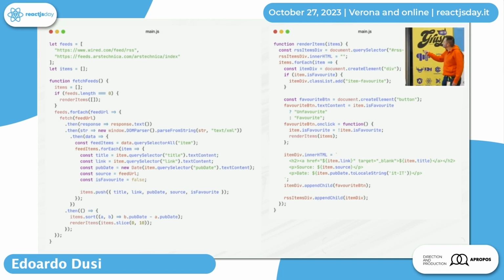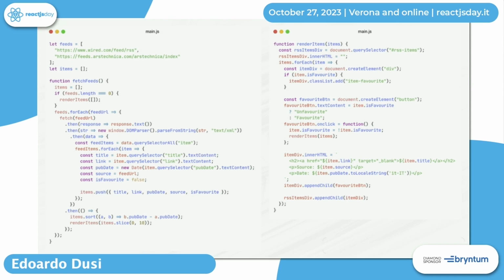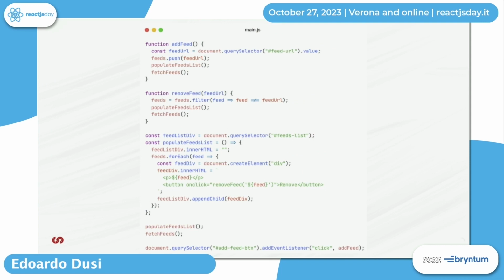It's just creating new DOM elements, adding things and appending elements to the document. I can also create other elements, okay? And in the end, I can append this child to the doc. So I can also add the new feeds, creating a function for add feeds. I can remove feeds. This is the function to populate the feeds list, just appending children.